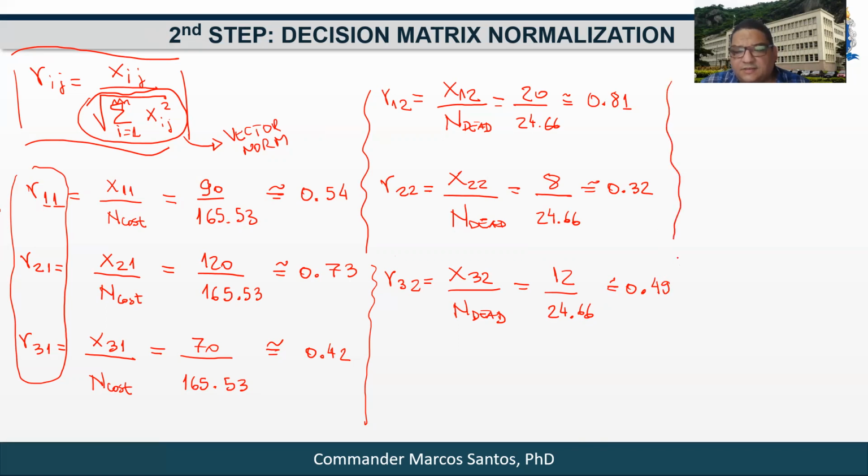And the last column is, here we have cost, here we have deadline installation, and here we have velocity.